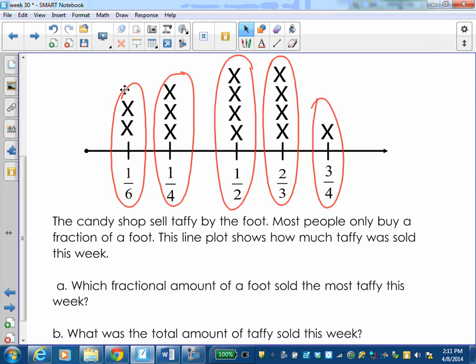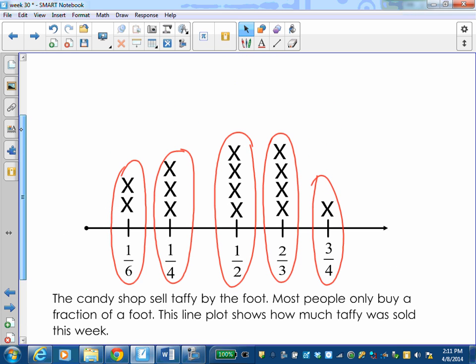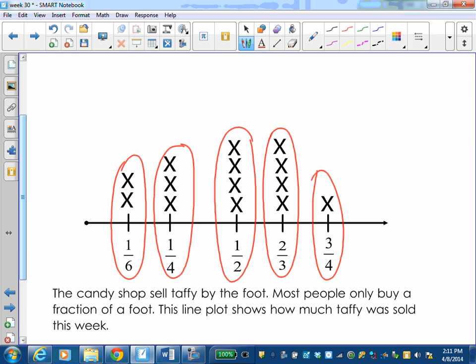Right? So what we have to do is go through and add it up. So let's see what we get. Okay, I know that 1/6 plus 1/6 is 2/6. And if I add up the fourths, 1/4 plus 1/4 plus 1/4 is 3/4. 1/2 plus 1/2 plus 1/2 plus 1/2, that's 4 halves.